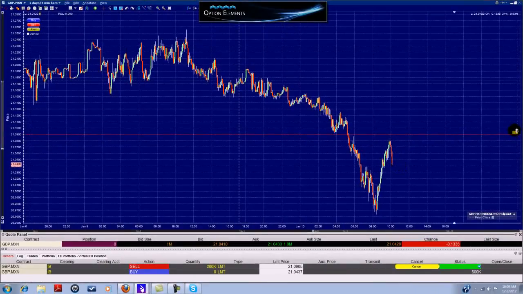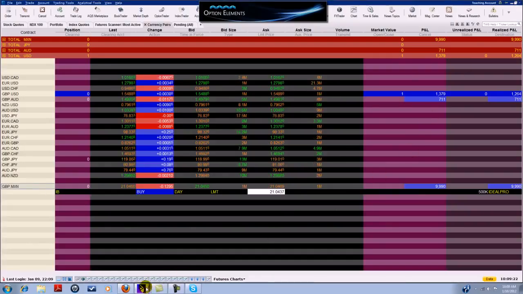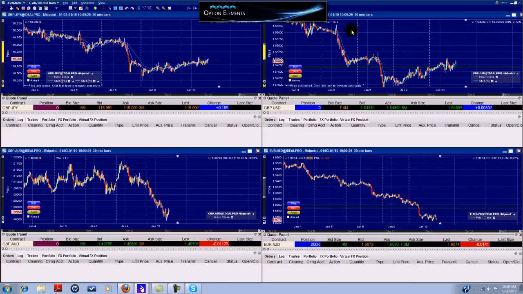So we've had two trades in the Mexican peso, both winners. We had 2 trades in the British pound, both winners, and 1 trade in the British pound Australian dollar, which was a winner. So we're 5 for 5 so far this morning, and it's 10 a.m.